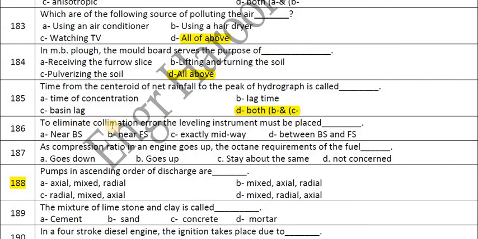To eliminate collimation error, the leveling instrument must be placed exactly at the midway. As compression ratio in an engine goes up, the octane requirement of the fuel goes up.